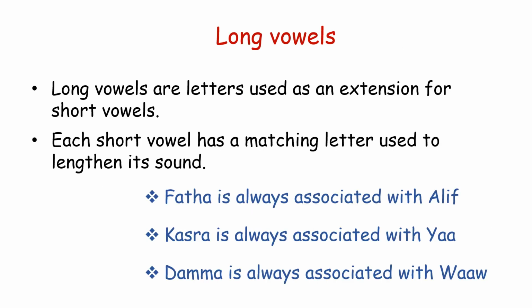Here is the slide. So, we all agree that long vowels are letters used as an extension for short vowels. But the trick is that you have to bear in mind that fatha is always associated with alif, kasra is always associated with ya, and dhamma is always associated with waw.